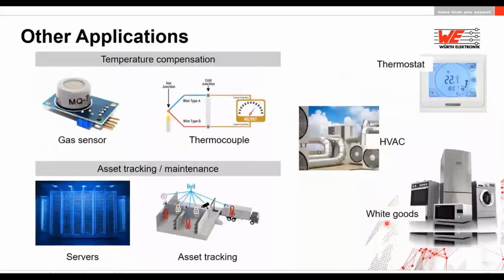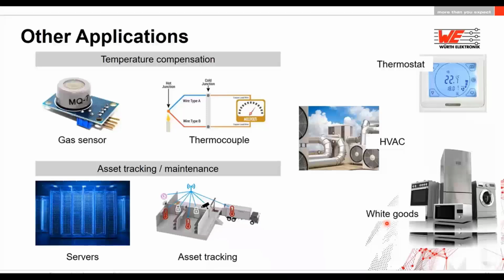Some of the other applications include temperature compensation for gas sensors and for thermocouples, as we already saw in the previous slides. Asset tracking, not just food tracking, but also other supply chains that need to track the temperature. Servers and server rooms, and HVAC applications, where the air temperature needs to be monitored in the ducts.